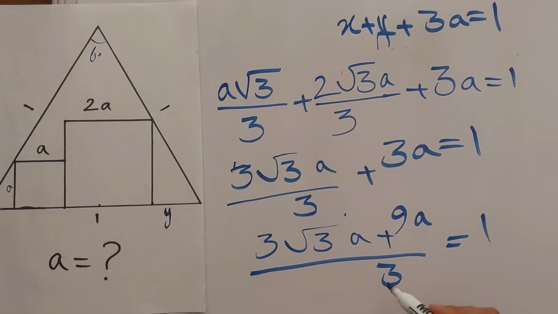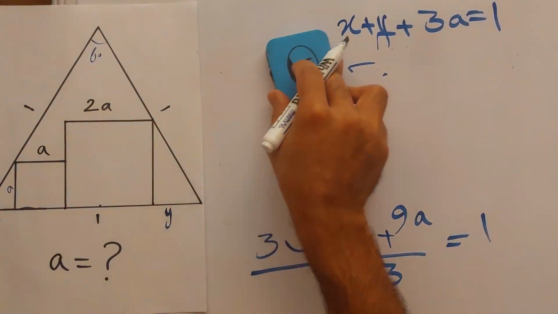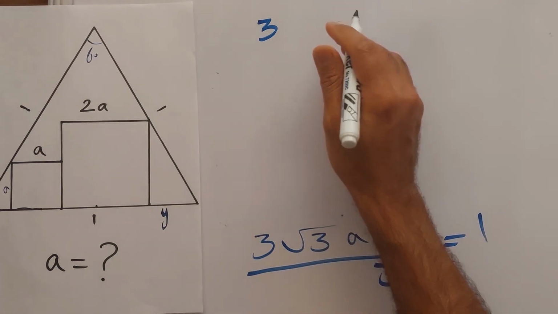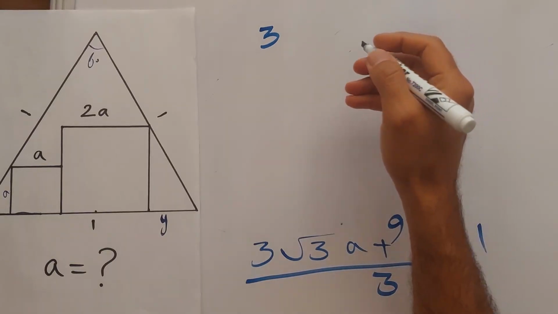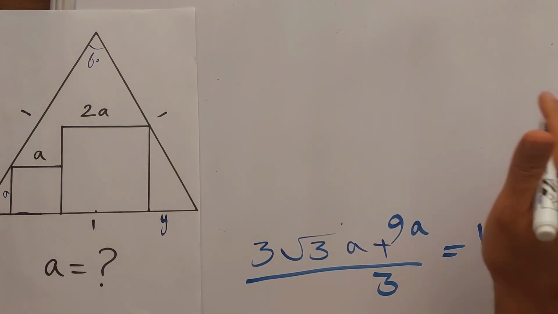So the whole thing must equal 3 if we cross multiply that. So 3. So now we can factor a out.